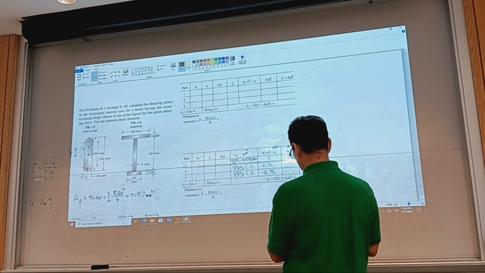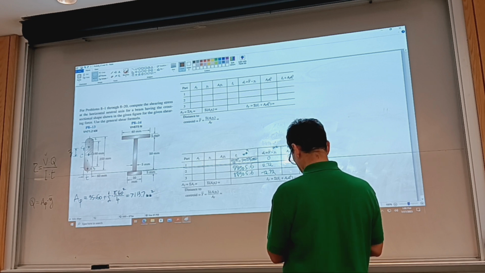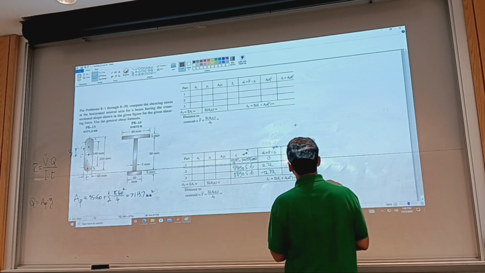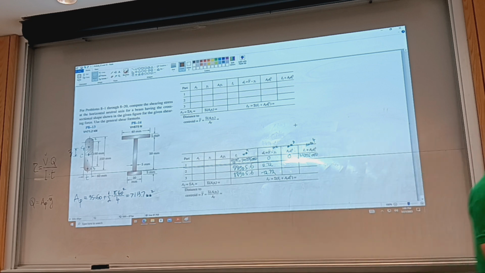So 12.72 goes on the calculator screen. I erased it. 8905.6, equals. I need more space. Let's see how I can enlarge this.